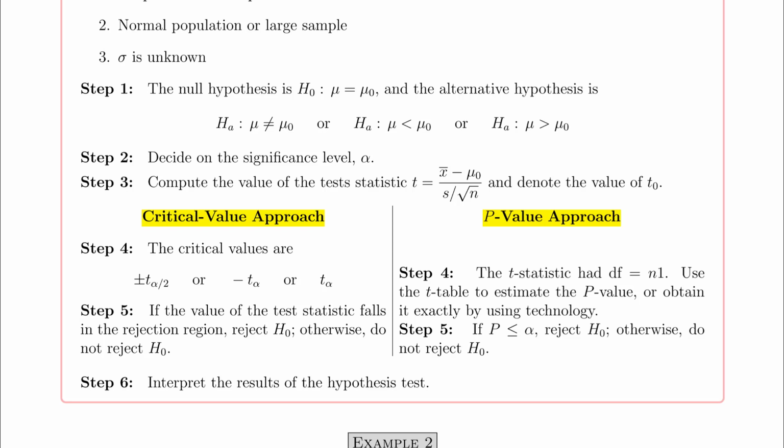And then we would compute that, and we would compare the rejection region to our t statistic. If our t statistic falls in the rejection region, we obviously reject the null hypothesis. For the p-value approach, we find the test statistic, and compare that probability to our significance level. If it's less than the significance level, we reject the null hypothesis. Otherwise, we do not reject the null hypothesis.